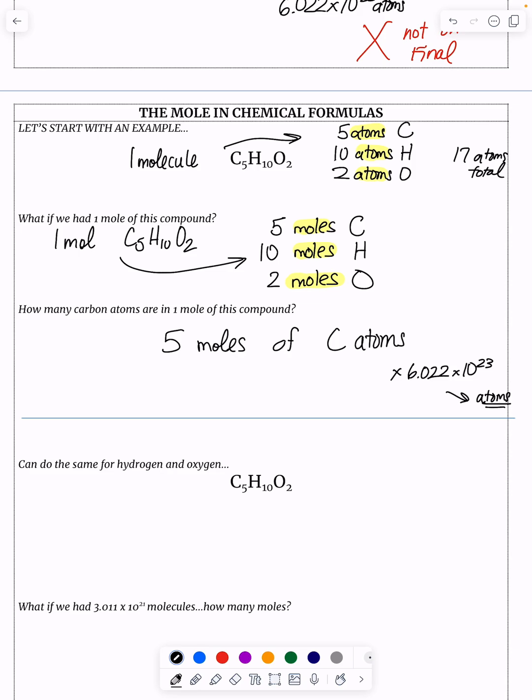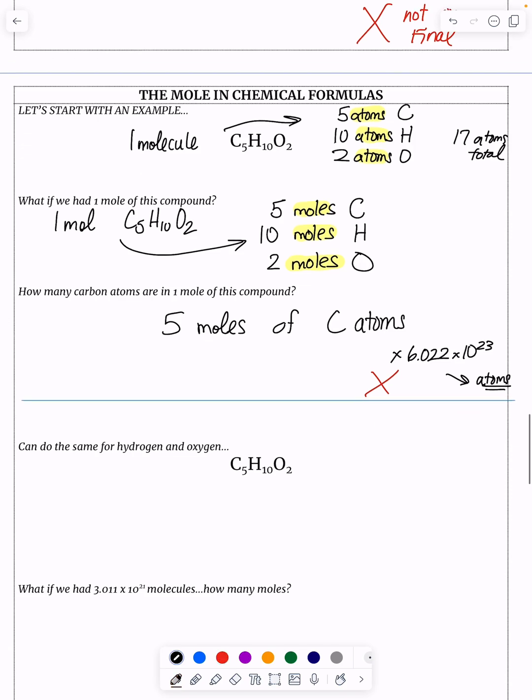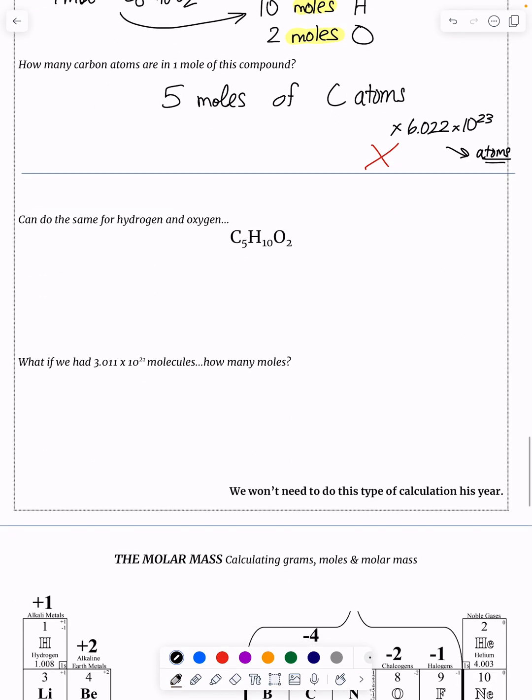But again, you will not need to know that for the final exam, and you will not have any calculations on that. We could do the same for hydrogen and oxygen, but again, I'm going to put an X here and just write, I will have 10 moles of hydrogen, 2 moles of oxygen, and we're not going to do any calculations with that.